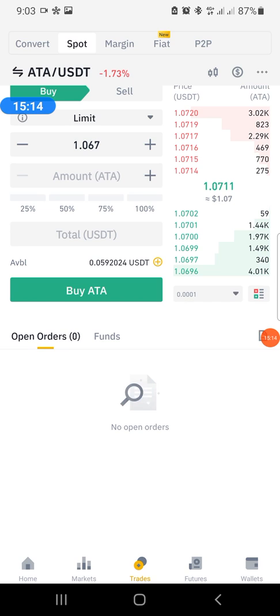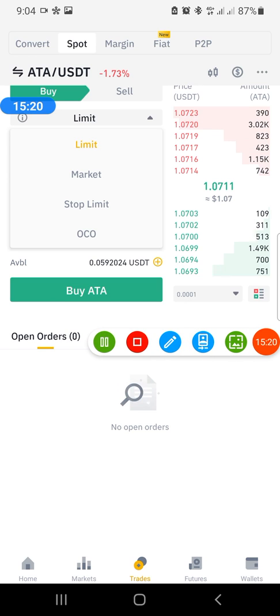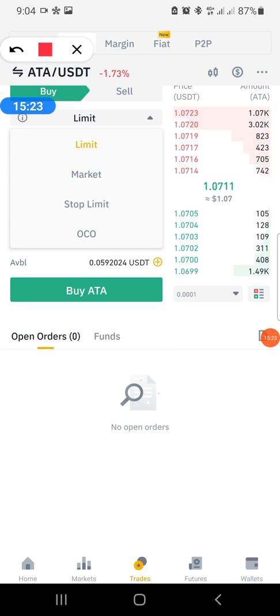Other parameters are the order types. This exchange currently has four types of orders. One is the limit order, the market order, and the stop limit, while the fourth one is the OCO, which is one cancels the other.